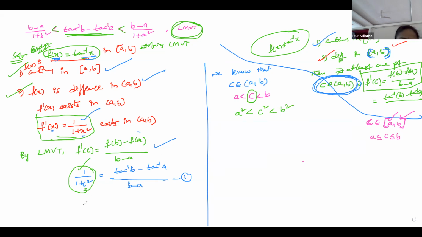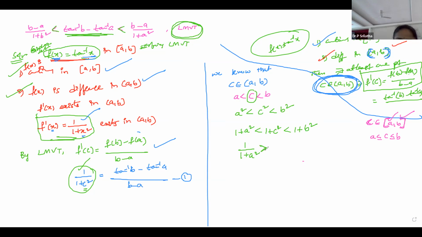Next we add 1 on both sides, so 1 + a² < 1 + c² < 1 + b², isn't it? Then take the reciprocal on both sides. So then that will be 1/a²... If you take the reciprocal on both sides, then the less than symbol will be changed to greater than.